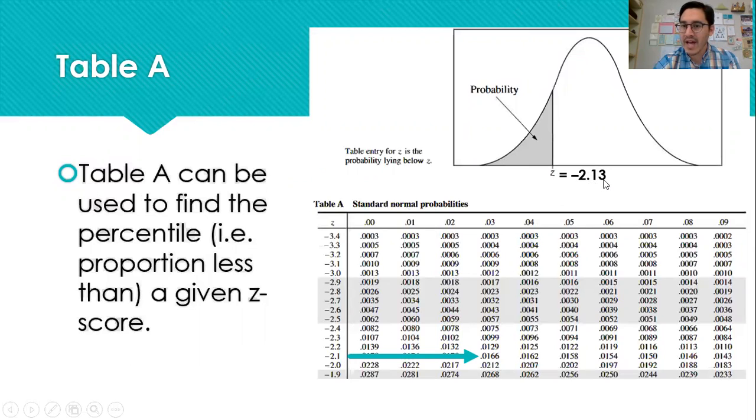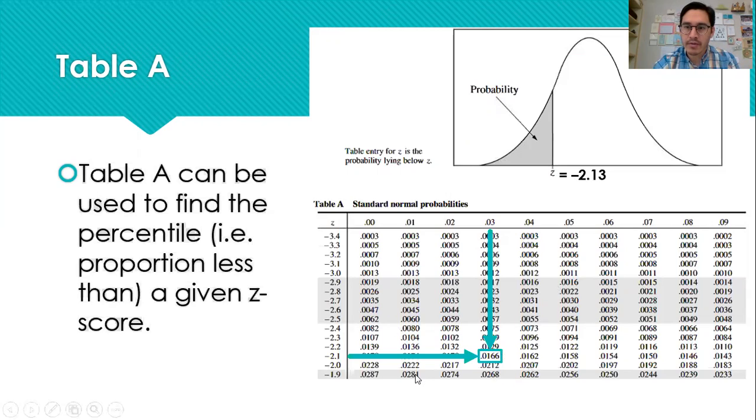Then we would look up the last digit in the hundredths place, the 0.03. Where that row and column intersect in the table gives us the percentile. So we could say that about 1.66% of values fall below this z-score, or have a z-score smaller than negative 2.13.